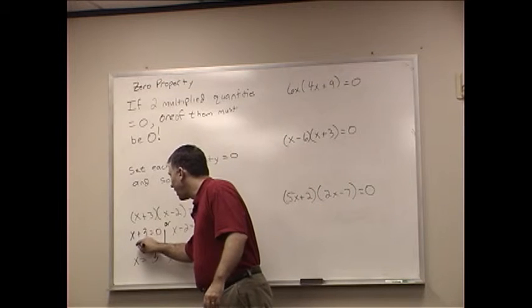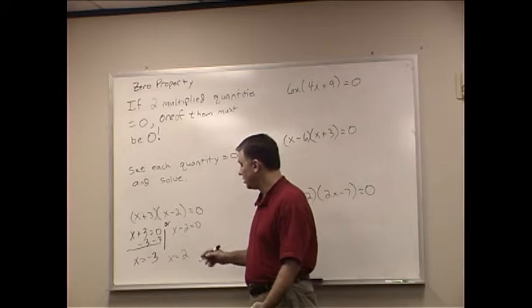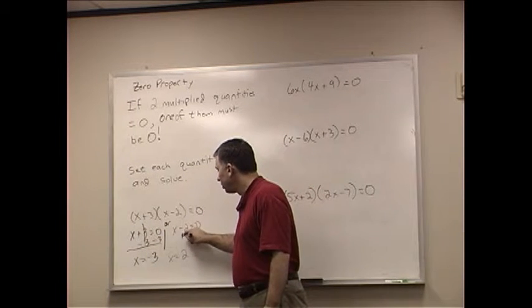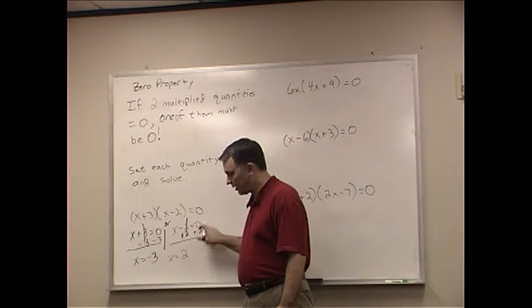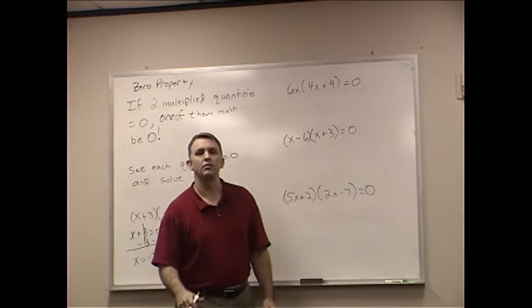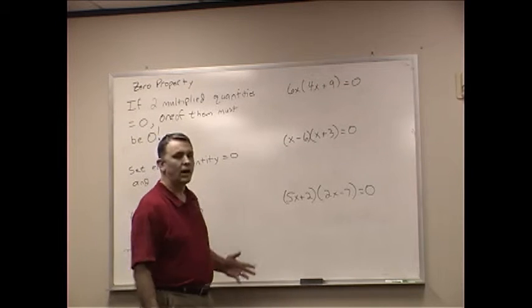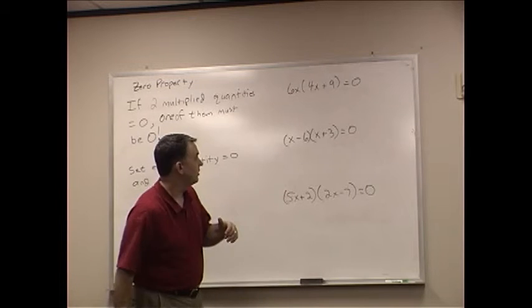And then you just do your solving, minus 3, because that's a very simple equation. The 3's cancel, x equals negative 3. Plus 2, the 2's cancel, x equals 2. And again, I know people say, well, I don't want to do it for that one. Just get in the habit of doing it. It won't hurt you. And it just makes solving these a little bit more like a process.